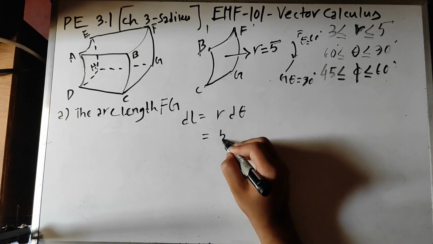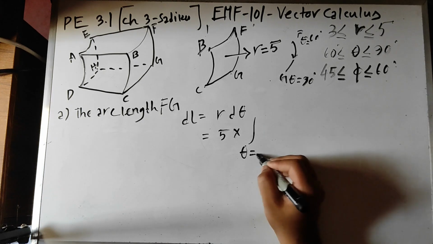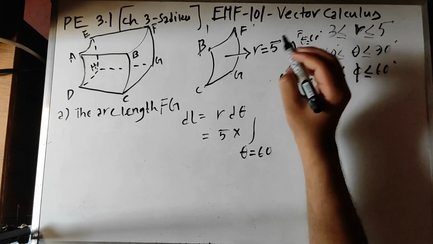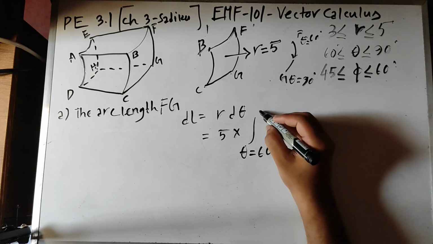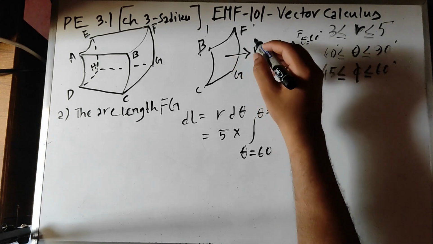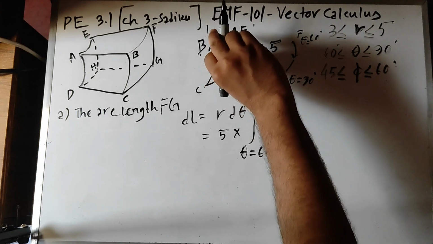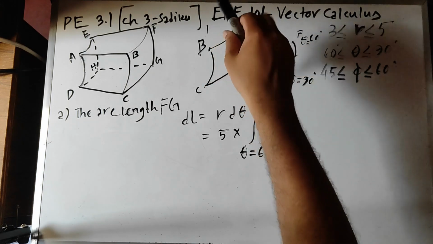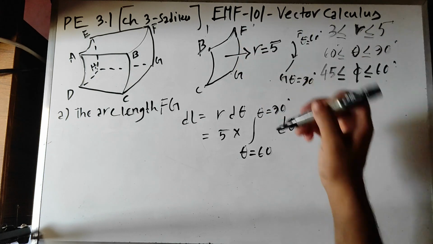So r is 5 cross theta from 60 to 90, assuming the point is moving from theta 60 to theta 90.